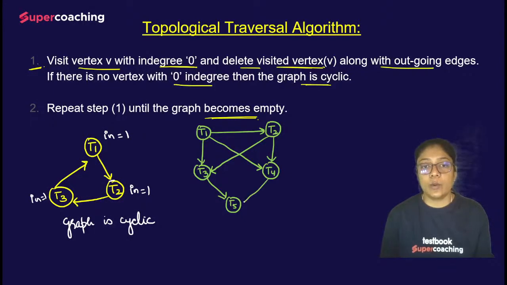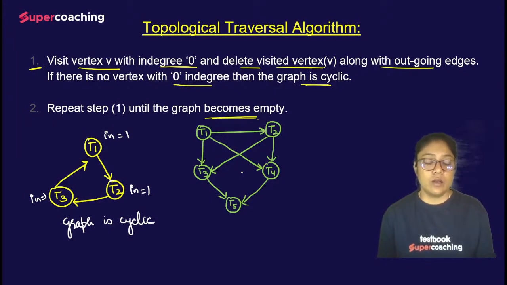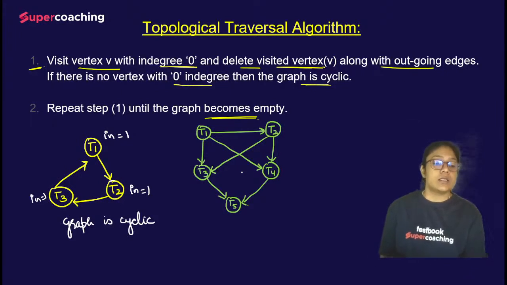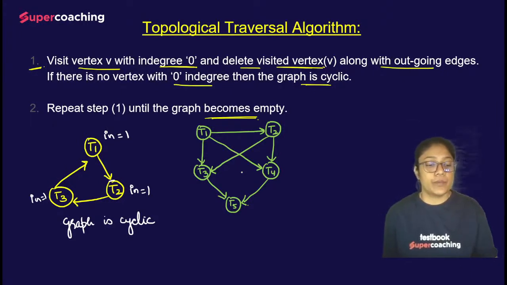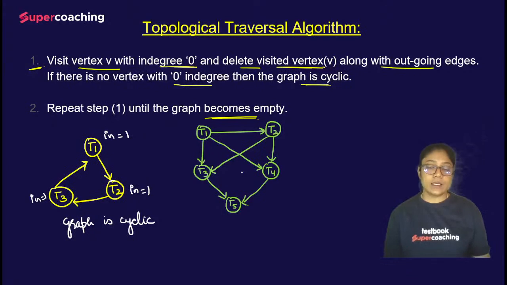How many sequences are possible, or is there any sequence possible? You have to apply the topological traversal algorithm here and you have to return the sequences possible. This can be asked in the numerical answer type question.